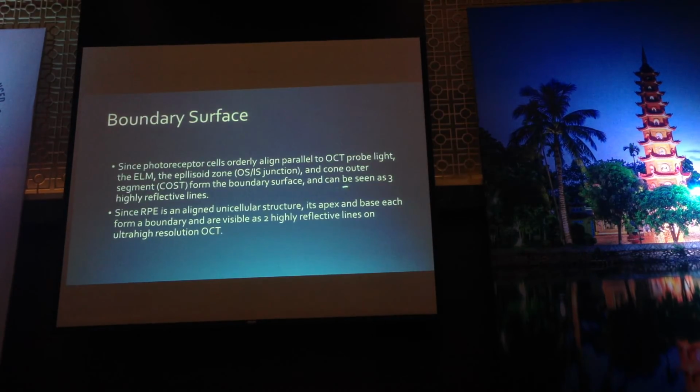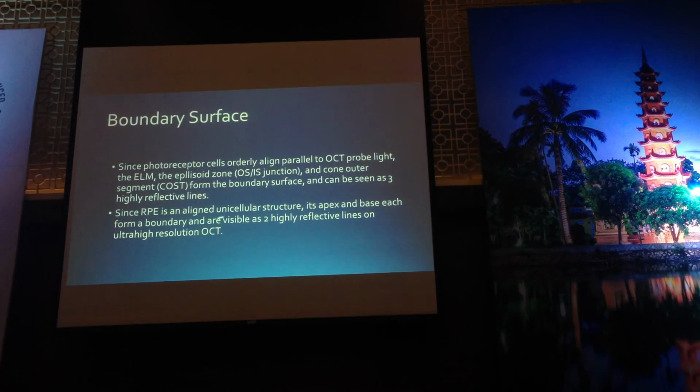Number one, you can have the ELM, which is the junction between the nucleus of the photoreceptor and the inner segment. And then you have the ellipsoid zone, which is the IS/OS junction, and then you have the cone outer segment. Basically, you have three highly reflective lines of the photoreceptor cell.